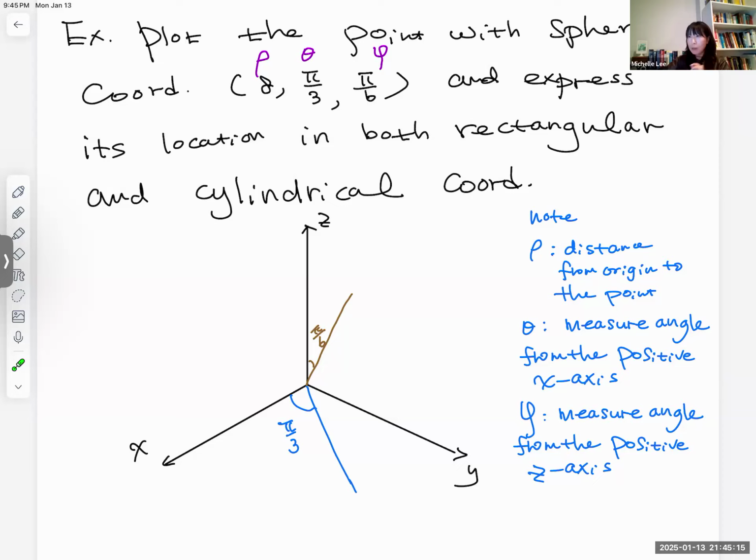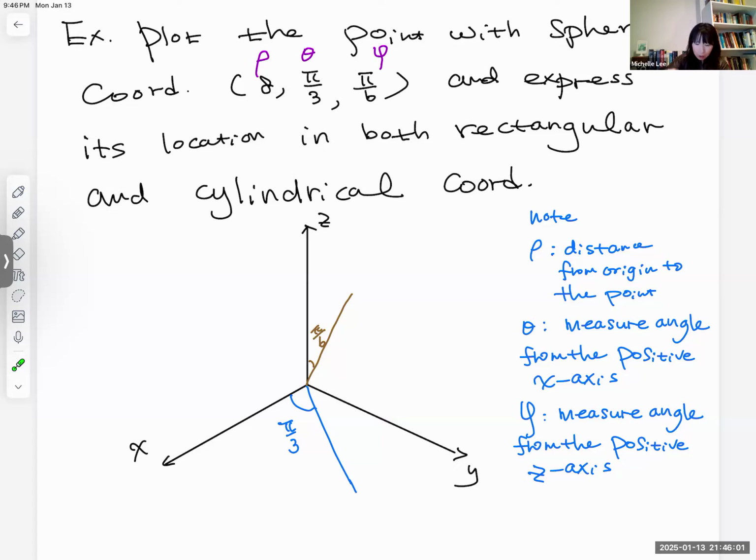So let me make this 0 because we measure from the positive z-axis, right? Then the other side of z will be pi, right? So this is 0 to pi. If this is pi, then in the middle is pi over 2, right?